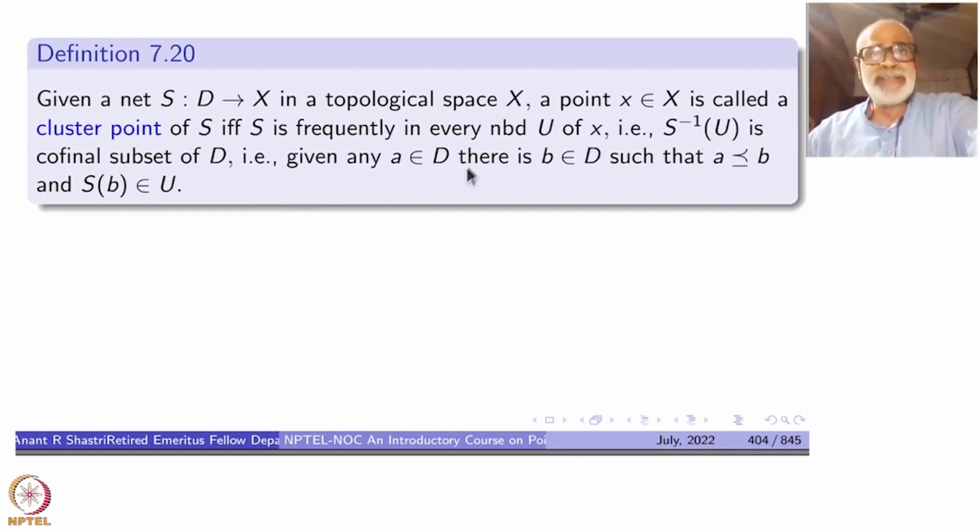That is the same as saying: given A inside D, there must be a B inside D such that A is less than or equal to B and S of B is inside U. Okay, so this is the notion of cluster point. Just like a subsequence converging, a cofinal family converging, we will call it a cluster point.